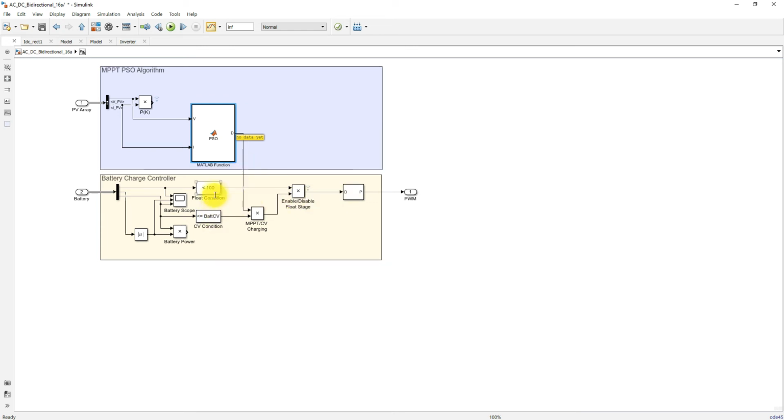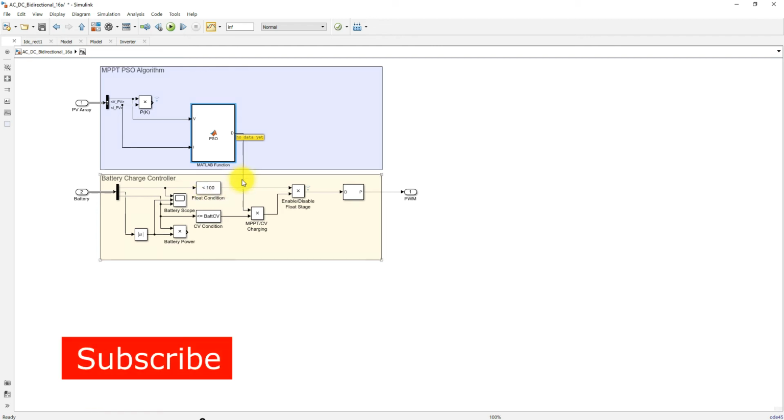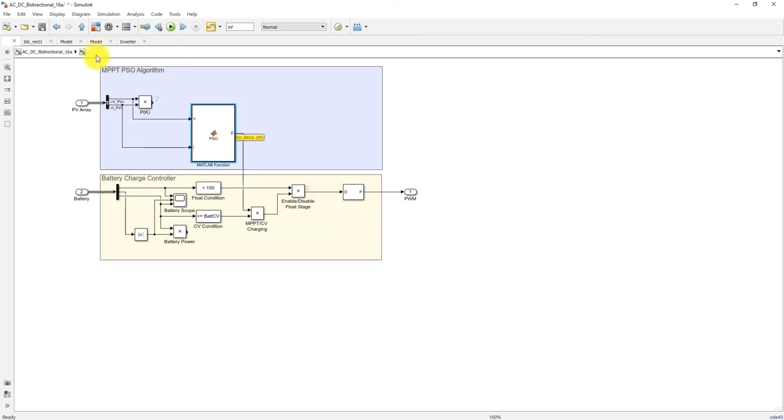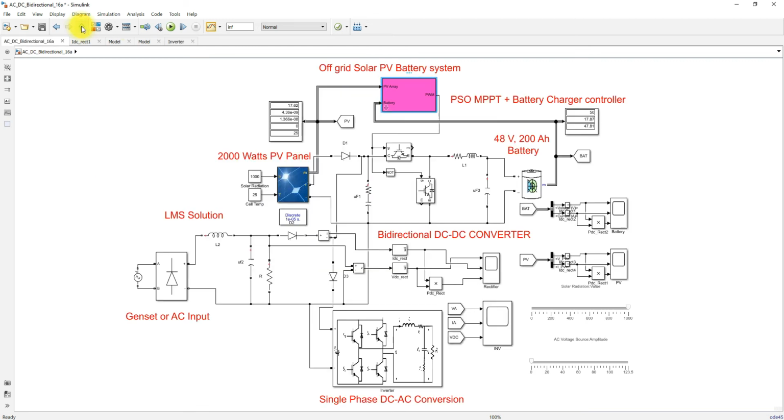If both conditions are true, it allows the duty cycle, which is then processed by the pulse generator to control the bidirectional converter. Or else it blocks the duty cycle, so the bidirectional converter is not operated. So this is a PSO based battery charger controller and MPPT controller.